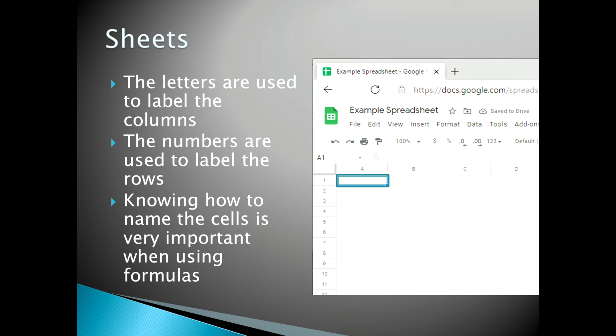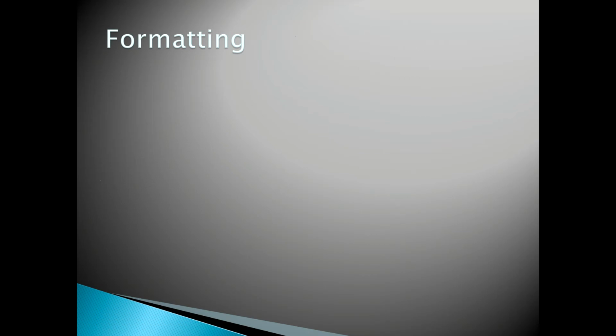In terms of the up and down bits, labelled by the letters, are columns. Going across, labelled by the numbers, are rows. And being able to label and identify the cells properly is very useful once we are using formulas.